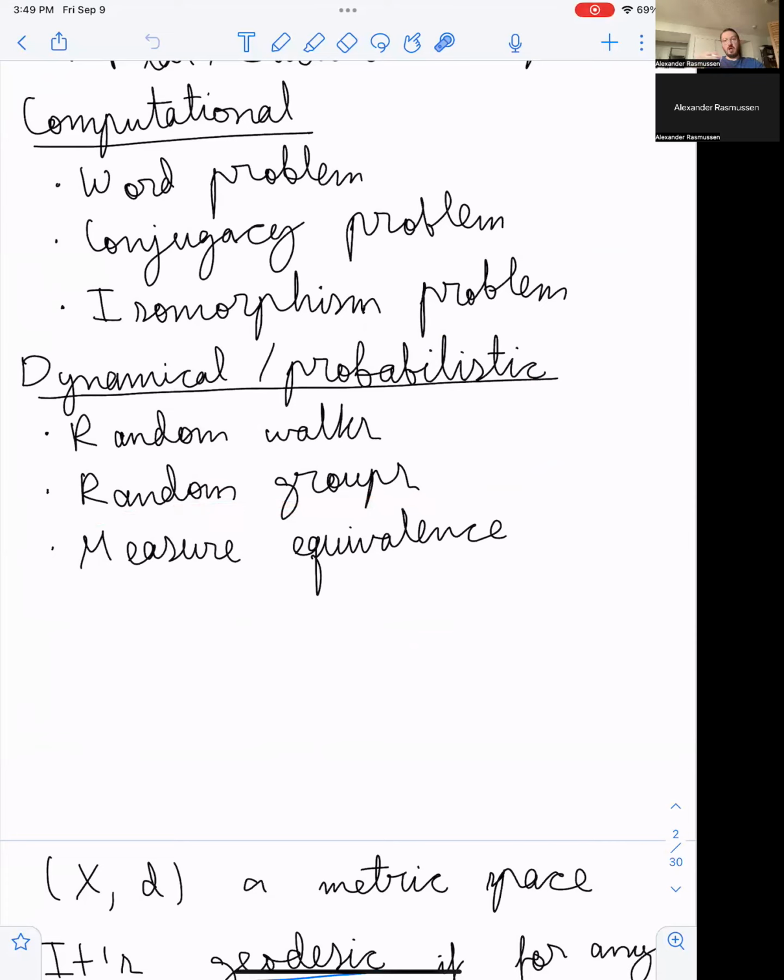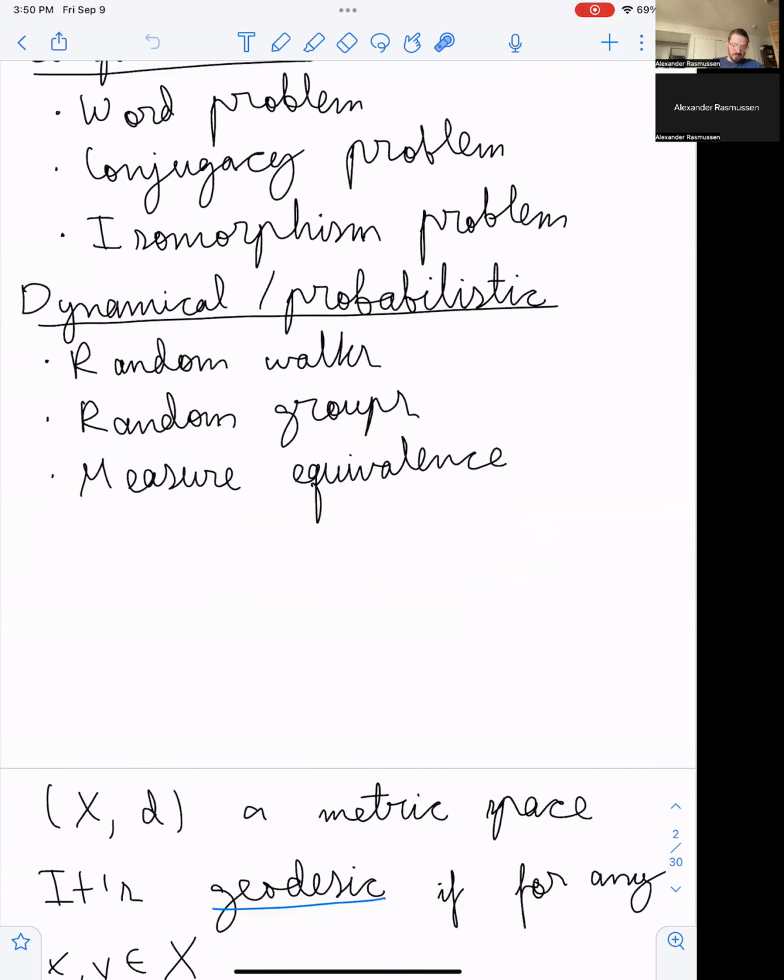So what if you take a random presentation of a finitely presented group, what properties do you expect that group to have? And finally, you might want to understand actions of your group on measure spaces. So thinking about this leads to the notion of measure equivalence, for example.